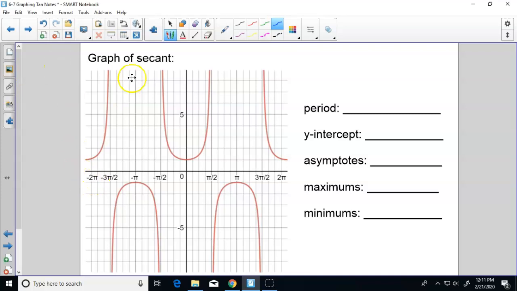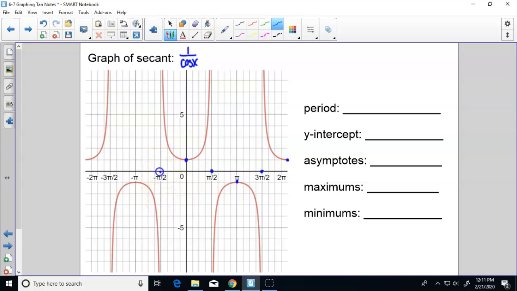Secant, these graphs look crazy, but what I want to do here for secant is remind you that secant is 1 over cosine of x. And so if I graph cosine of x, I would have 1, 0, negative 1, 0, 1.